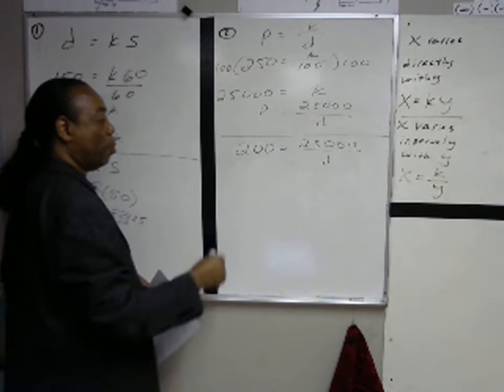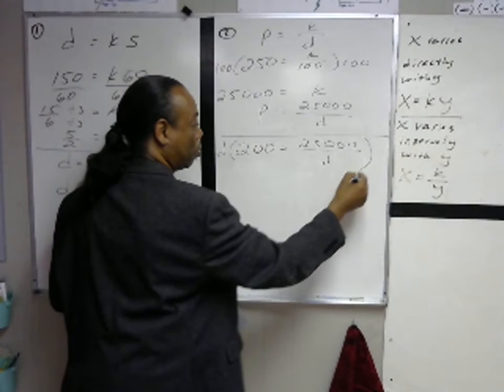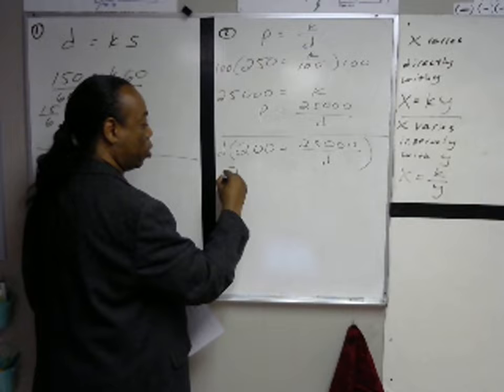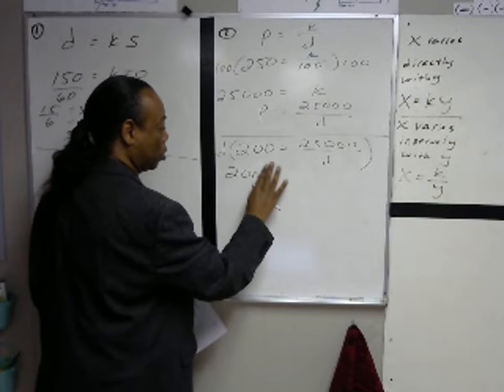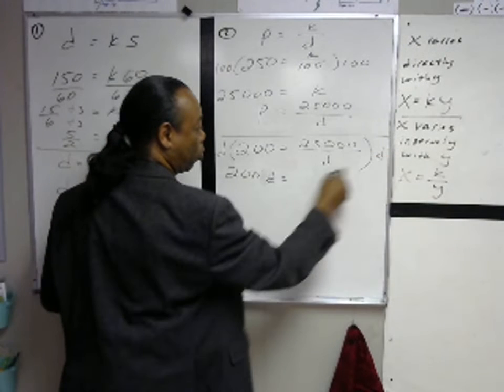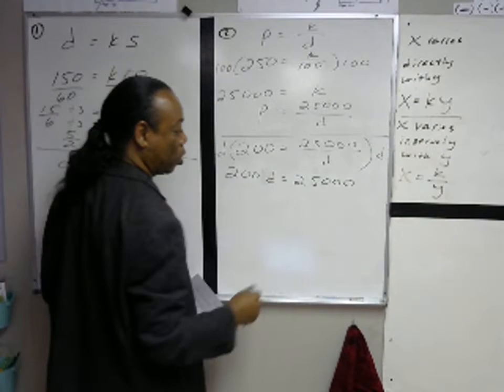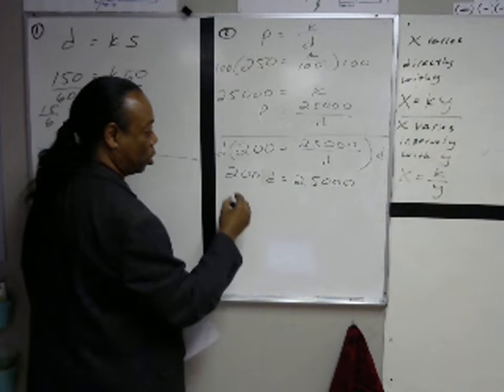Okay. So I'm going to multiply both sides by D, which is the denominator here. We'll get 200D, and the D's here will cancel. We'll get 25,000.